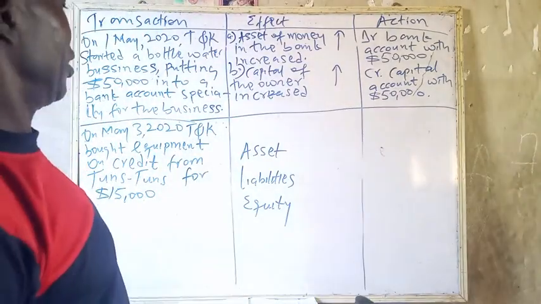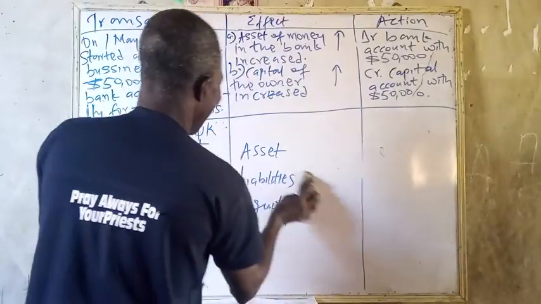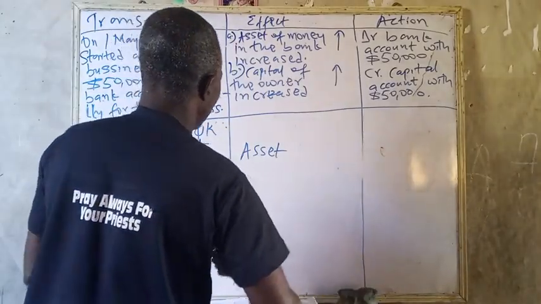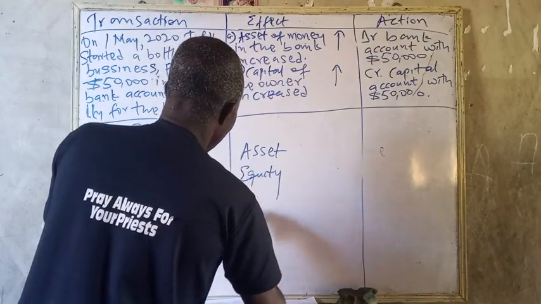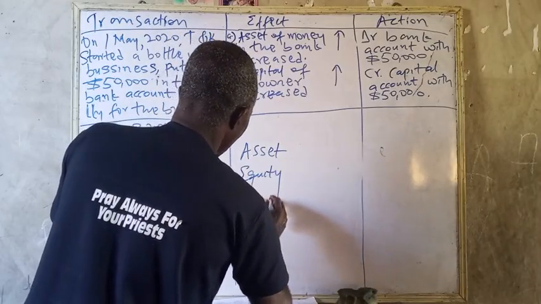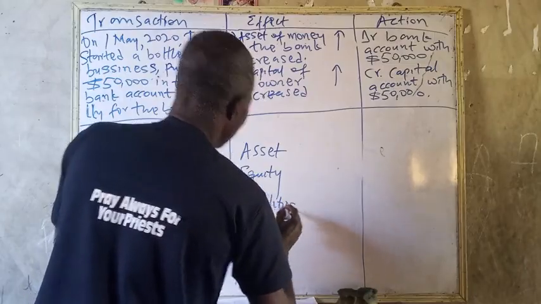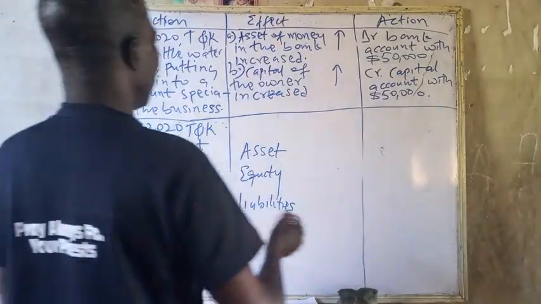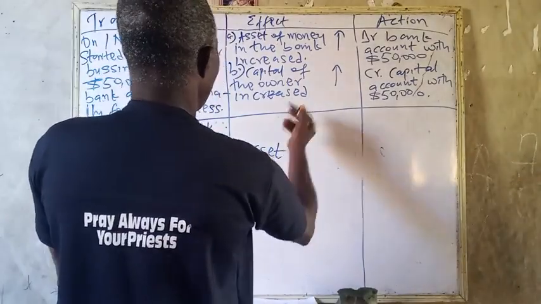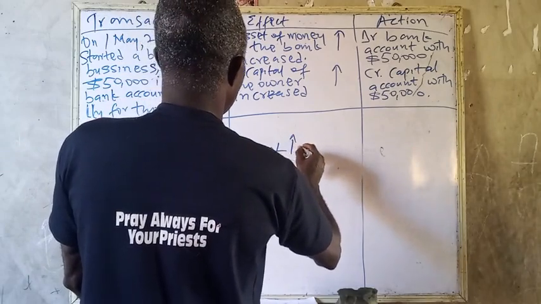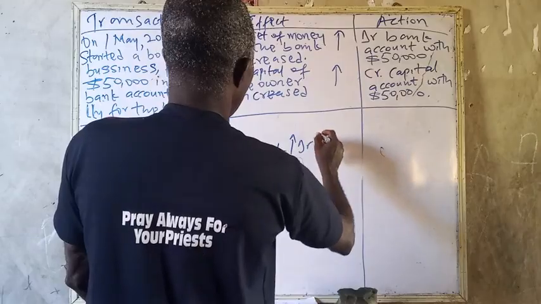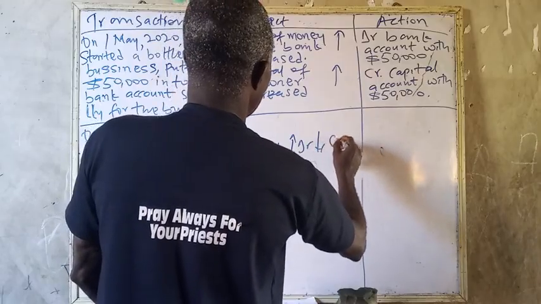In the balance sheet, or let me put it in the order as it is in the balance sheet. Assets come first, equity comes second, and liabilities. So like I said, when assets increase, you debit. Assets decrease, you credit.